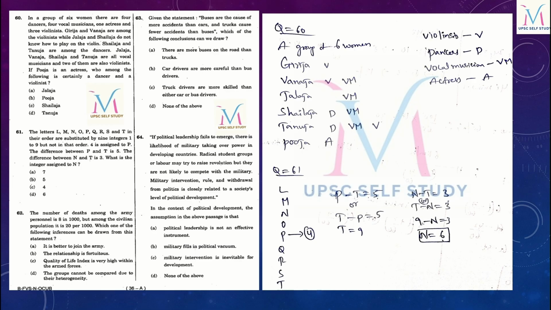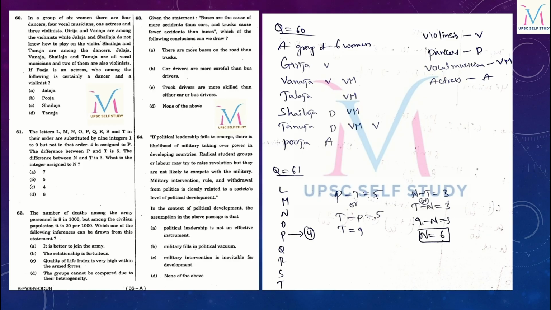See, if the political leadership fails, there are chances that the military will take over the developing countries. There will also be a few radical student groups who may be the cause for the rise of revolution, to compete with the military.